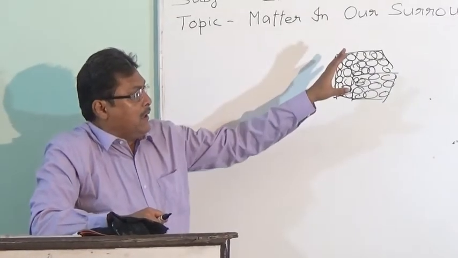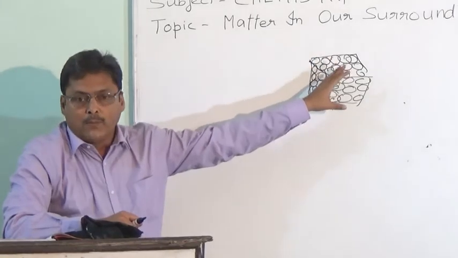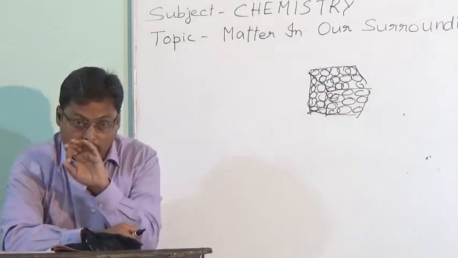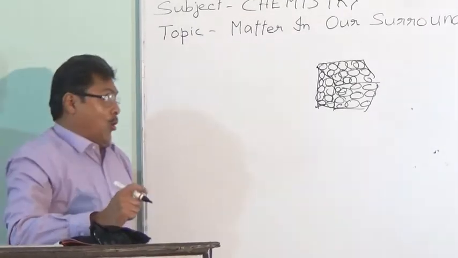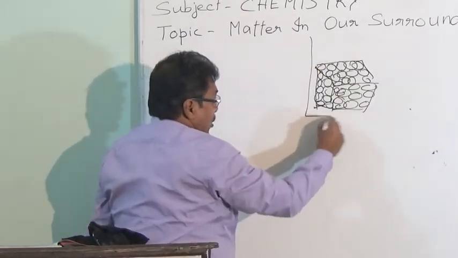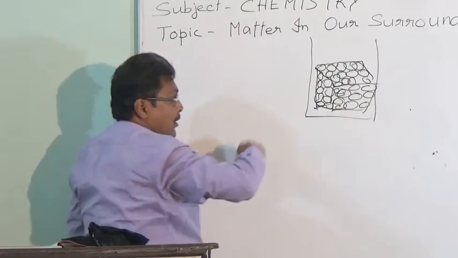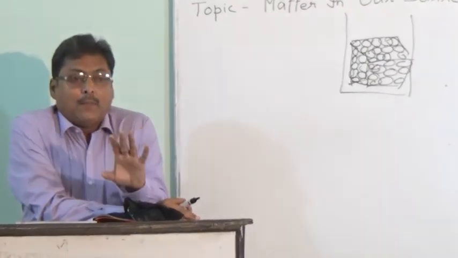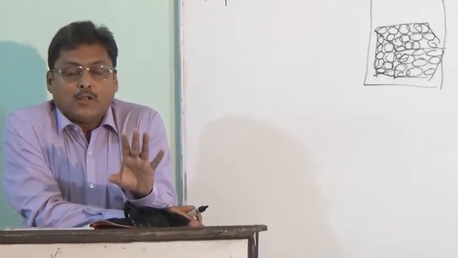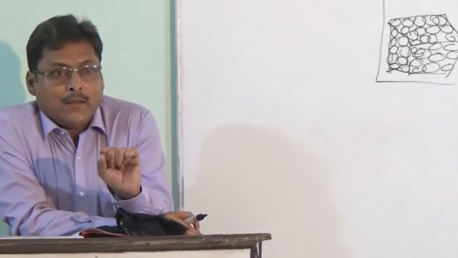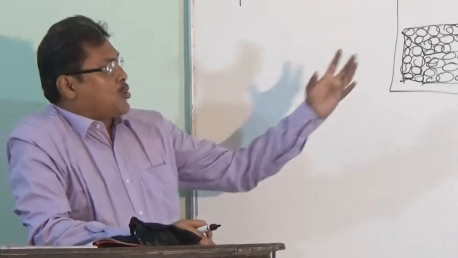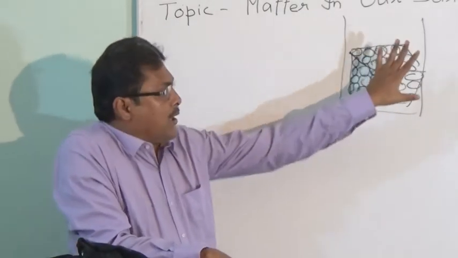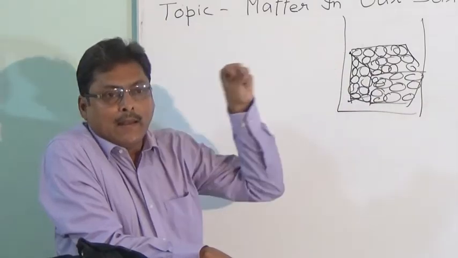If we keep solid substances in any container, they will never fill up the whole container. If we keep the ice cube in a container, it will not fill up the whole container. These are the basic properties of solid substances. Because the force of attraction between the particles is the most, the distance between the particles is the least.